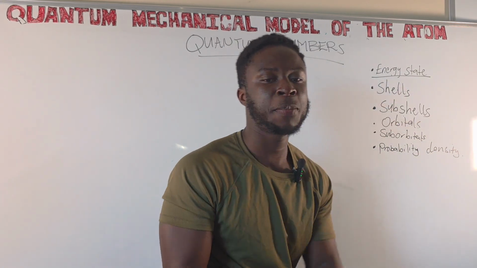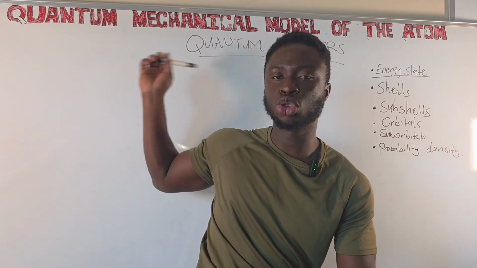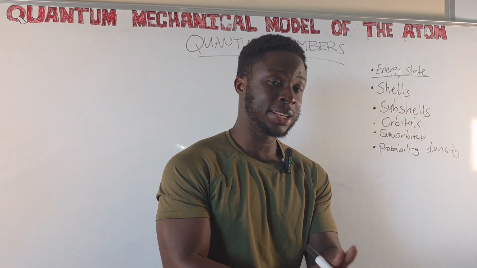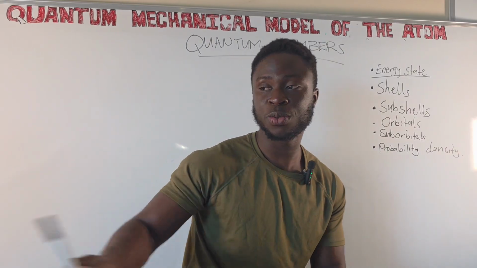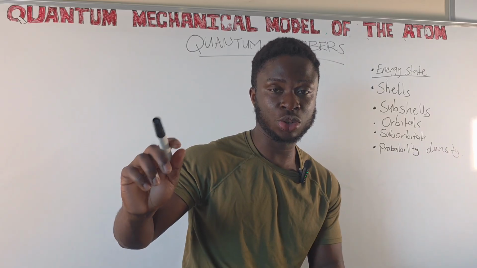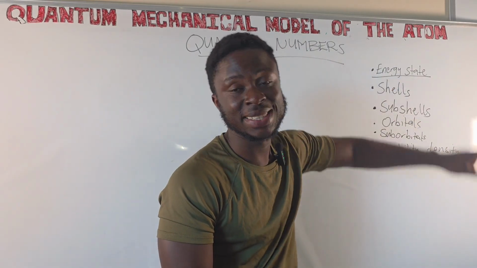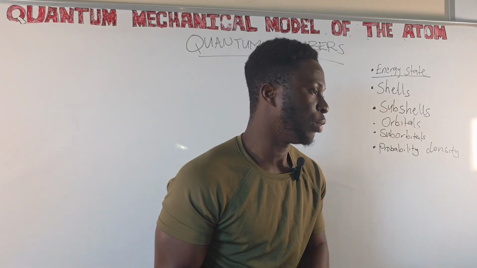Energy state is the description given to an electron by the quantum numbers. So the series of quantum numbers that you write for a specific electron is that electron's energy state. I believe we've gotten that noted.